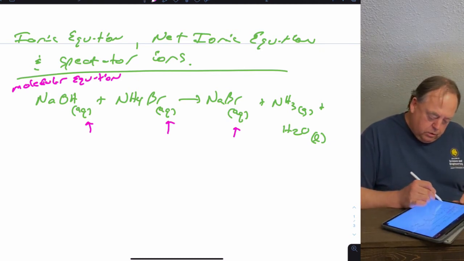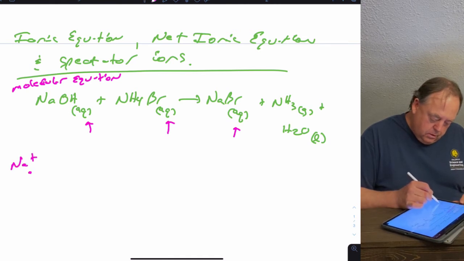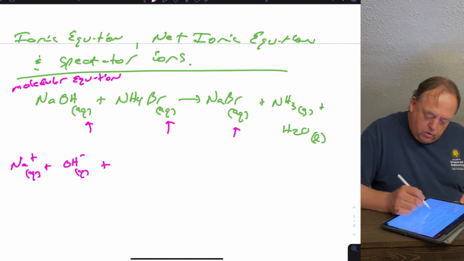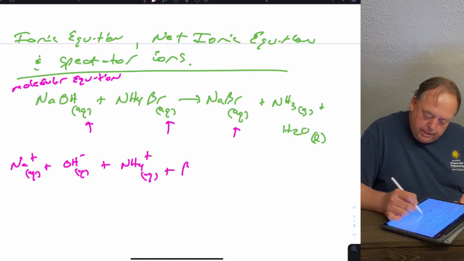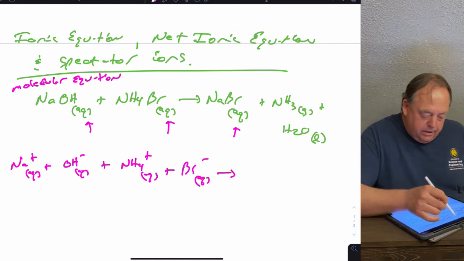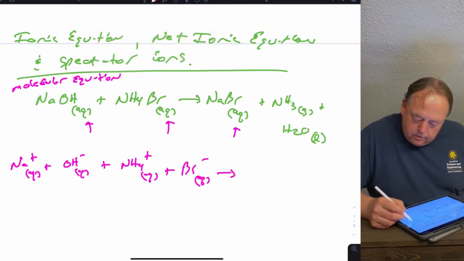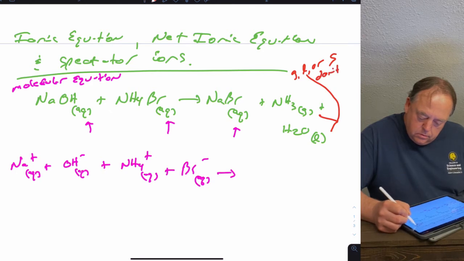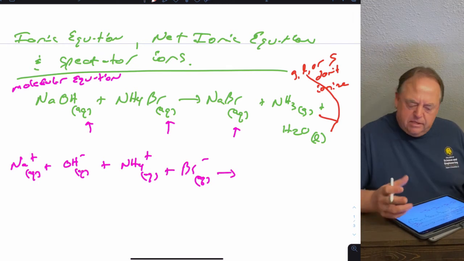So NaOH would look like then Na plus aqueous plus hydroxide, OH minus, and then ammonium bromide, so NH4 plus aqueous plus Br minus. And then anything that is gas or liquid or solid, you don't ionize it, so you keep them together.